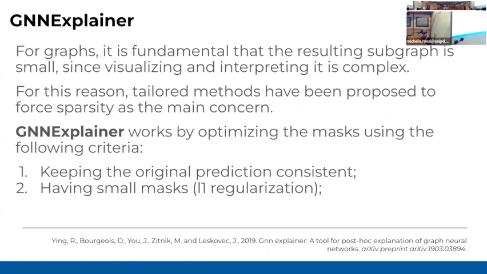And in particular, you run an optimization loop with these two constraints. The first constraint is that the masked prediction should be the same as the original prediction. So the mask should not change the actual prediction. And the mask should be as small as possible. So you can just use some L1 regularization, the absolute value of the weights inside the mask, to keep them as small as possible.